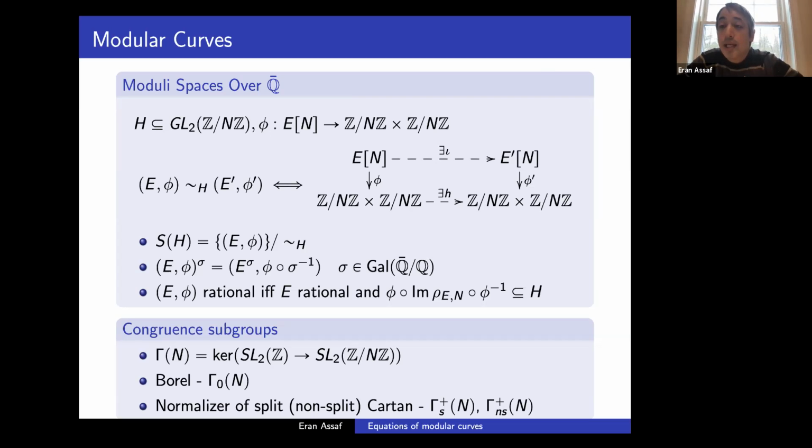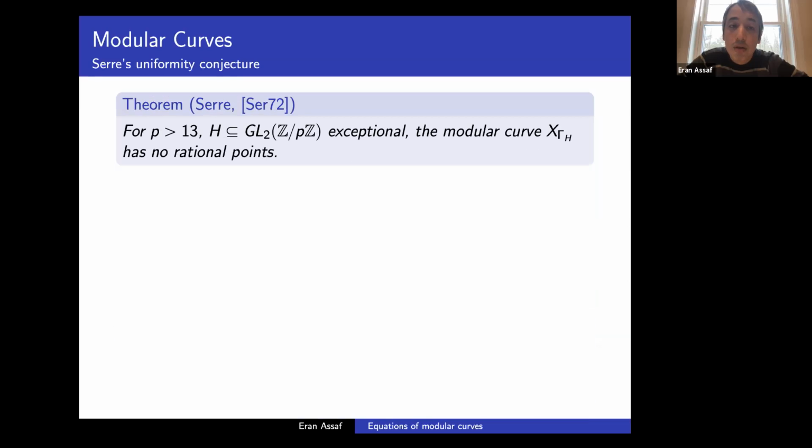And similarly, we can obtain groups for the Cartan and non-split Cartan and their normalizers. Okay, so now we have moduli spaces, which are compact Riemann surfaces that classify all the elliptic curves such that the image of their Galois representation lies in a certain subgroup.